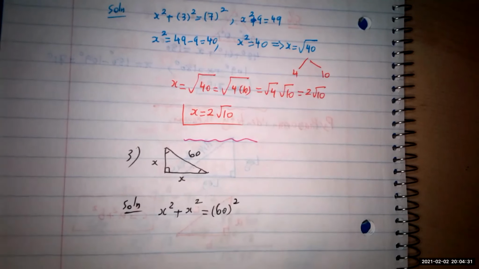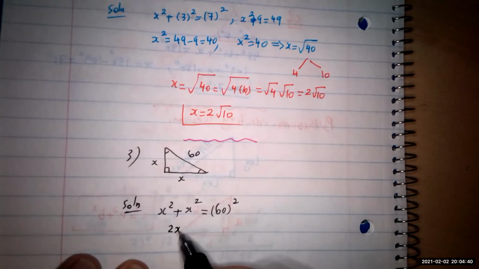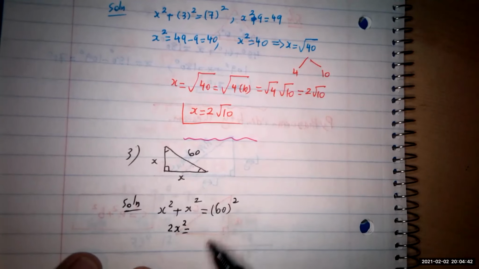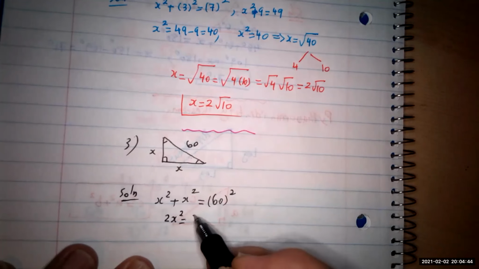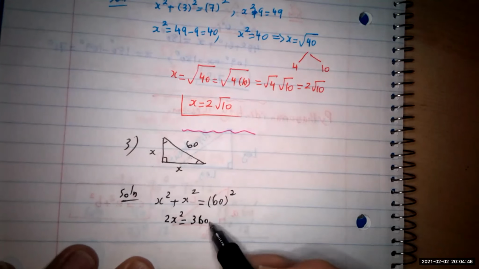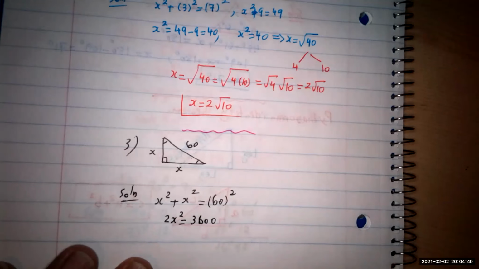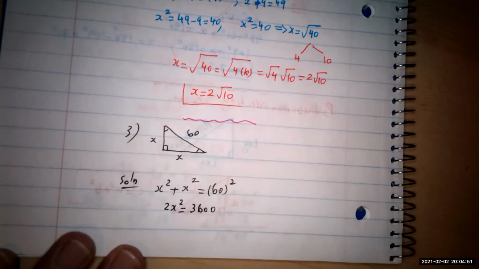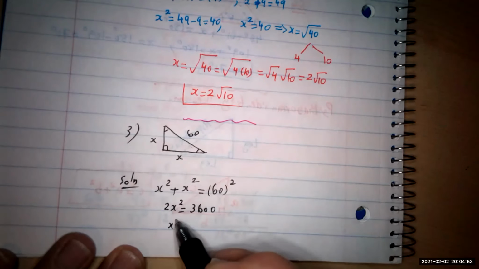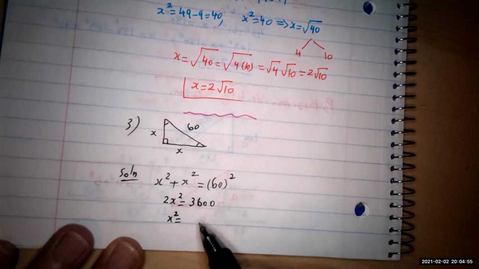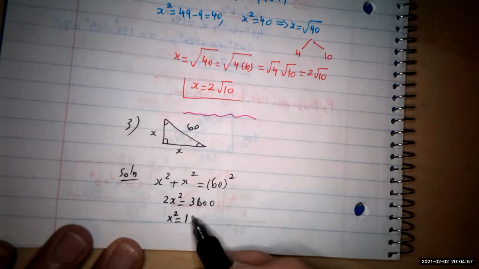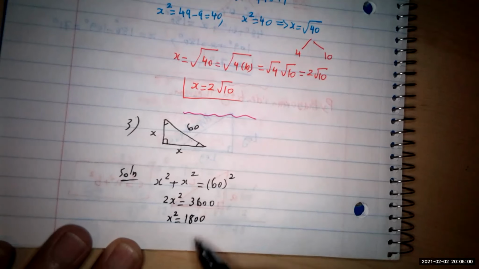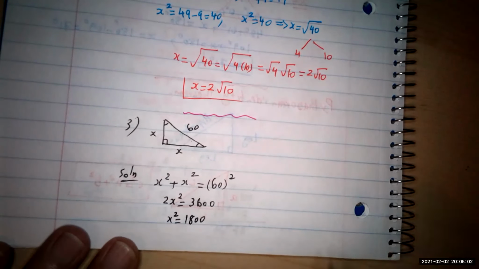The sum of the squares of the legs, x squared and x squared, would be 2x squared, a little bit of algebra. 60 squared, 6 times 6 is 36, so that gives you 3600. Okay, so we divide by 2. So x squared would be 3600 divided by 2, that gives you 1800.